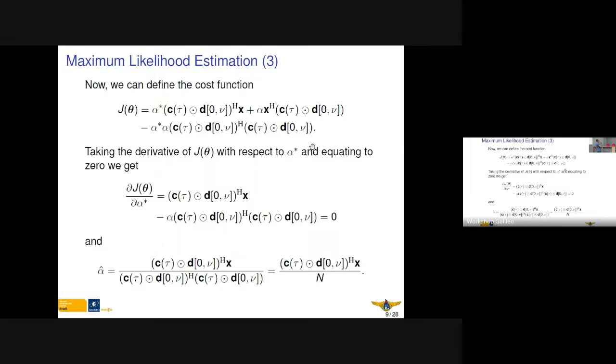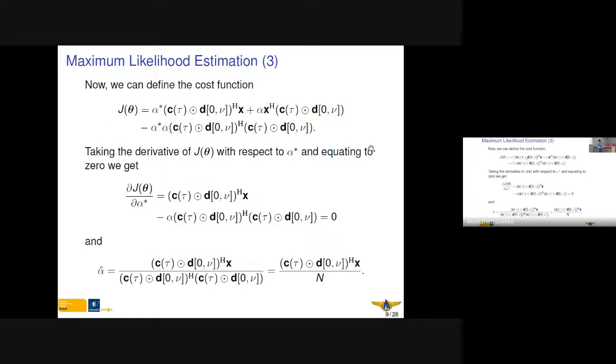Now taking the derivative of J of theta with respect to alpha conjugate, we can do that because at the extremum of the likelihood function, the derivative with respect to alpha conjugate would be 0. So when we find the maximum of the likelihood, this gradient that we're calculating here, the derivative of J of theta with respect to alpha conjugate, would be 0. So we can use this equation.